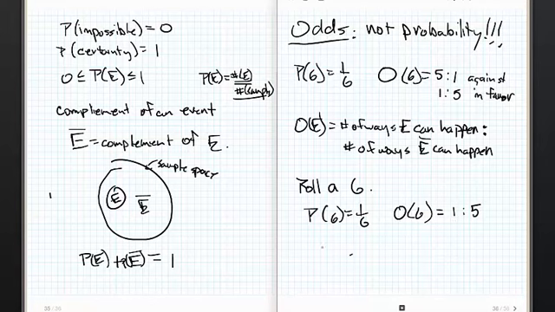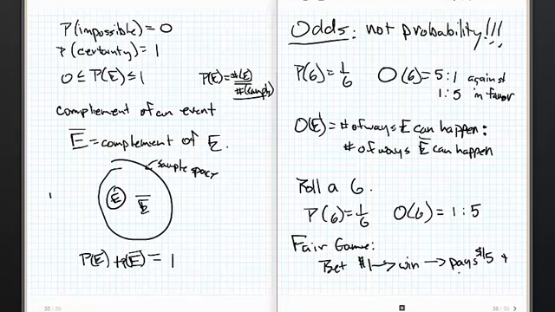Now, what this means is, if I am running a fair game, so let's assume that roll of 6 is a fair game, if I bet $1 and I win, the house pays off $5 plus I get my bet back.